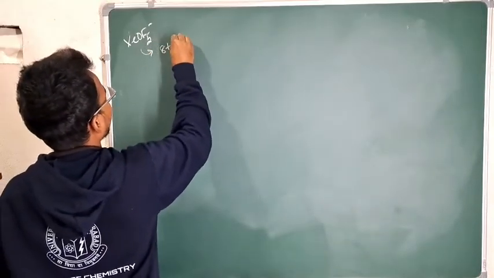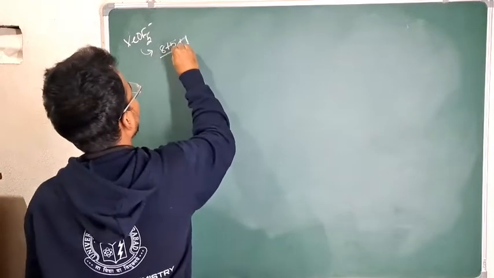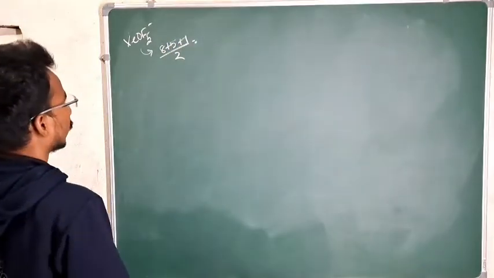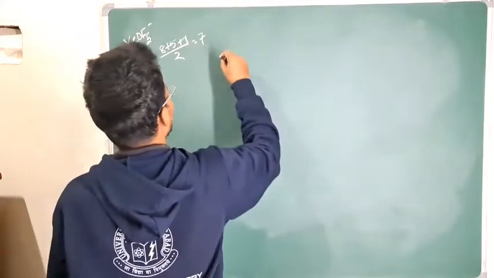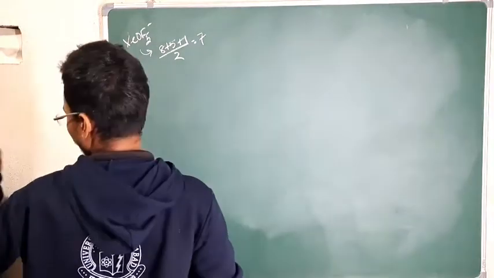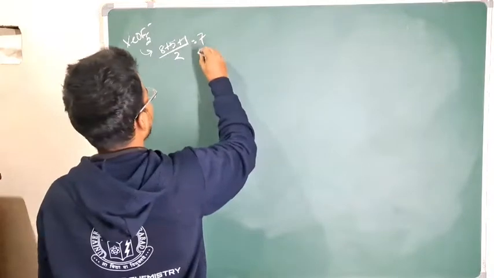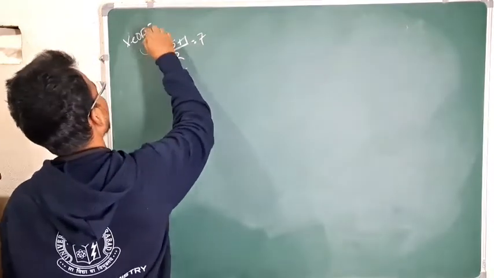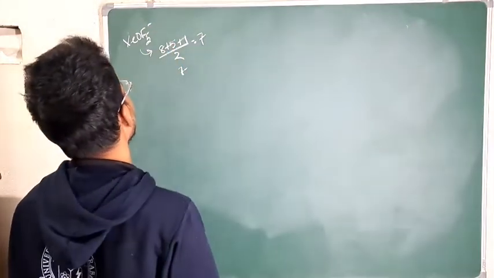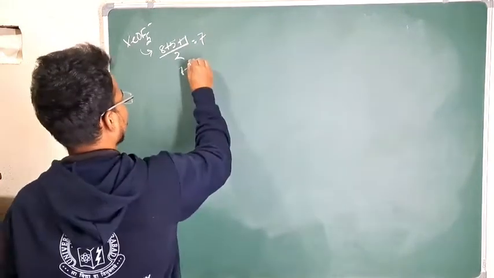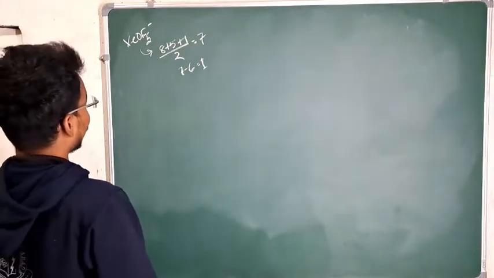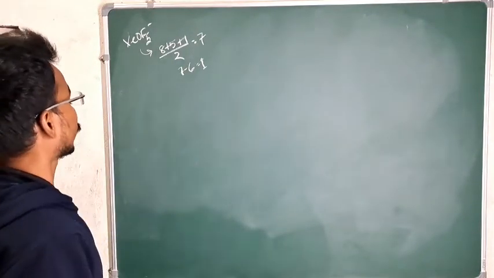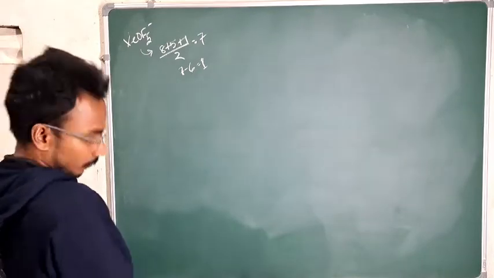So 8 plus 5 plus 1 by 2. 8 plus 5 plus 1 means 14 by 2, 7. 7 minus 6 is 1. So it should be pentagonal bipyramidal, but it will not.